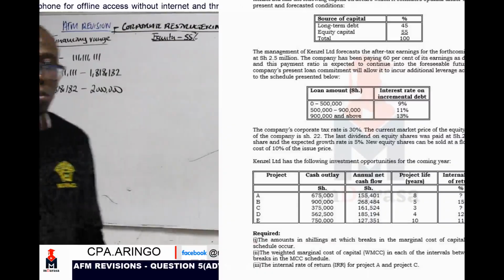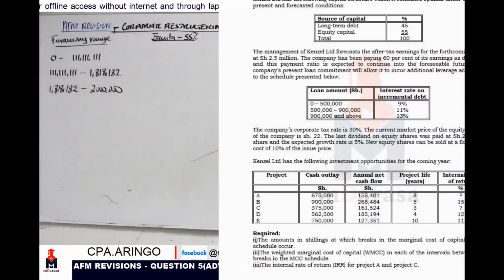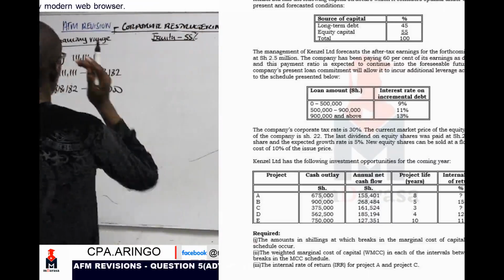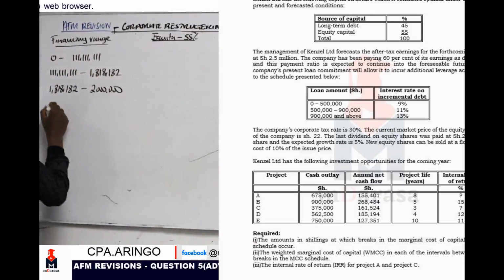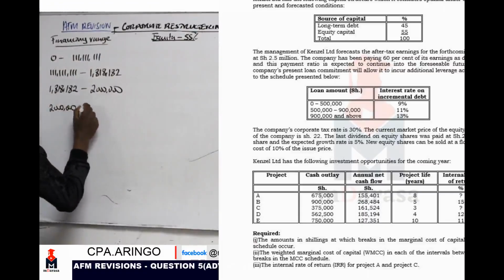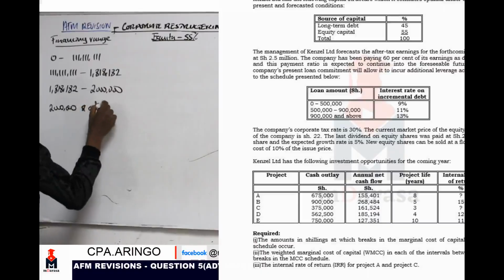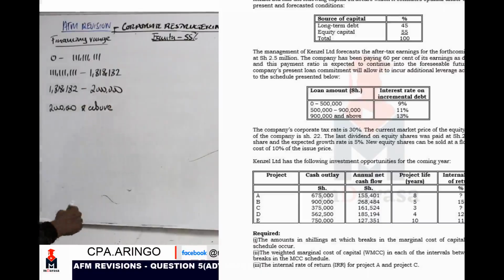So literally I can remove this question because we have everything, but most importantly, we need to understand what I'll be having here. Then you can add another bit here, the range of 2 million and above.